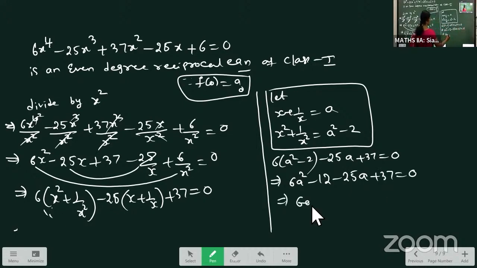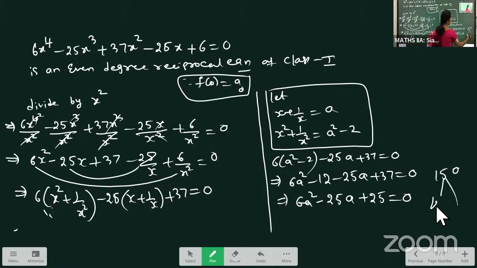So 6a square minus 25a, 37 minus 12, 25. We got a quadratic equation. So solving, 25 into 6, 150. 15 tens are 150. So minus 10 and minus 15 is minus 25.